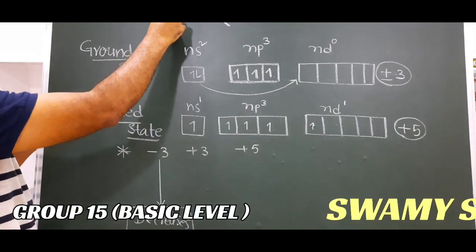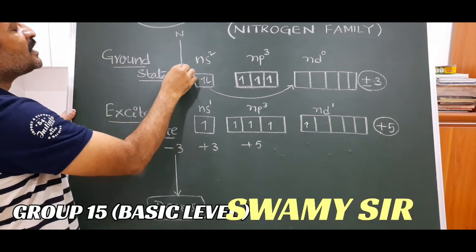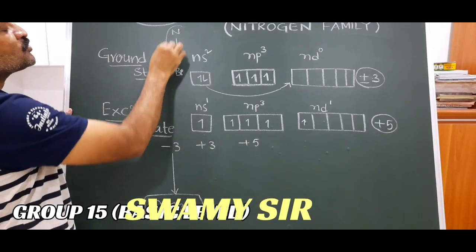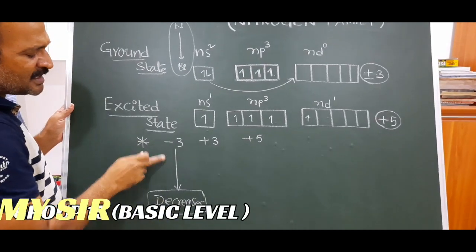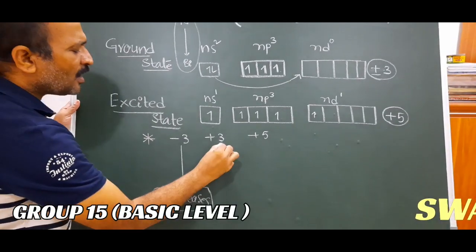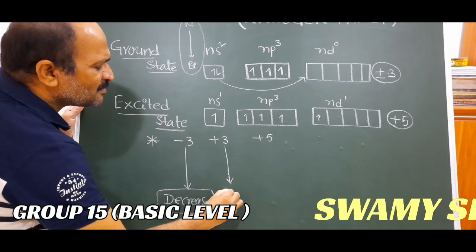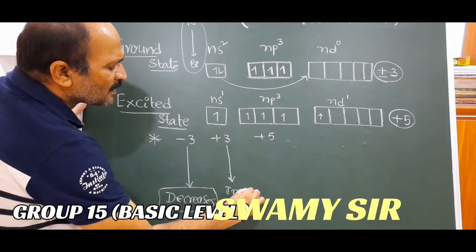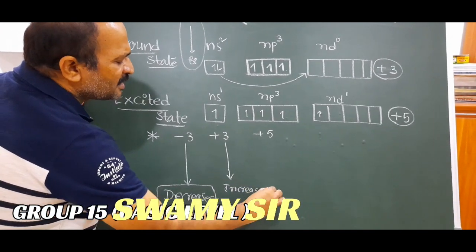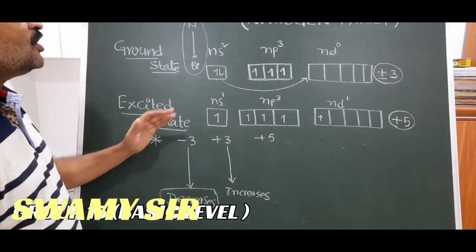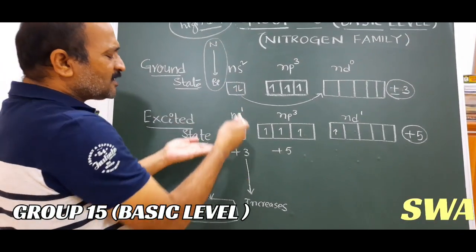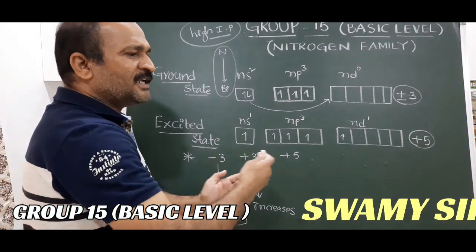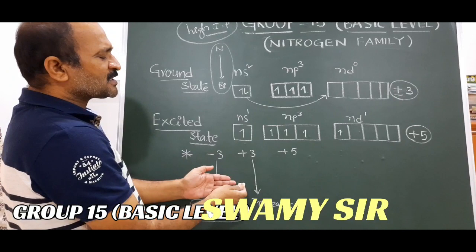As we move from nitrogen to bismuth, the electronegativity decreases, so it is unable to attract electron density. So the -3 state stability decreases. Automatically, the +3 state stability increases. What is the +3 state? Losing electron density. As the size increases, electronegativity decreases and the element readily loses electron density and exhibits the +3 state.